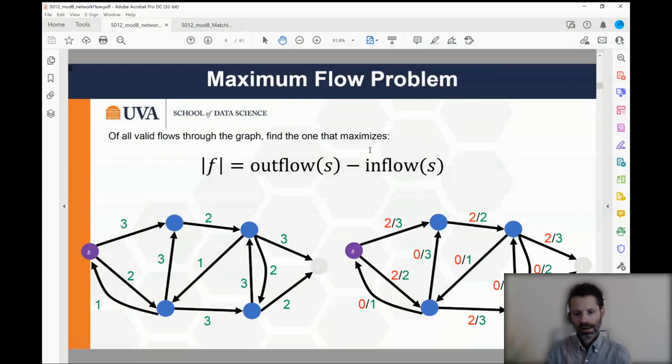There are a number of interesting algorithms that employ greedy strategies or other strategies to find this maximum flow. I encourage you to investigate the examples in this slide deck to identify the pros and the cons associated with each of these algorithms, as many problems that exist in data science, especially those that we might frame within a graph model, have to do with analysis of flows and finding maximum flows.